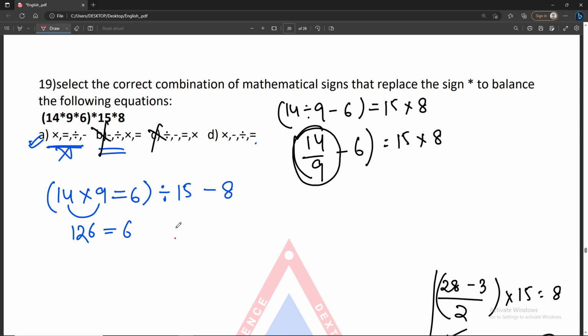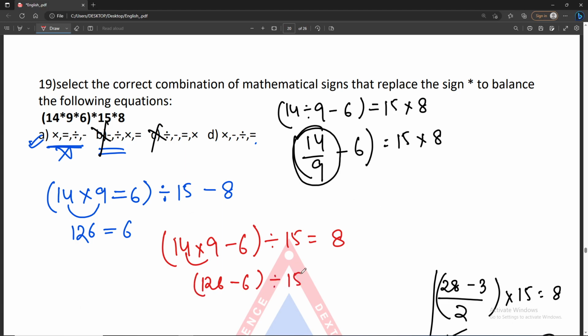So let's take the last one. Last one states 14 multiplied by 9 minus 6 divided by 15, which is equals to 8. 14 nines are 126 minus 6, divided by 15, which is equals to 8.